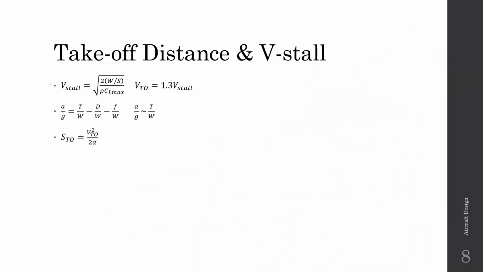So here I have again written the takeoff distance. How do you calculate the takeoff distance, or how do you calculate the takeoff acceleration, and also the vstall. As you remember from the vstall equation, it is this.